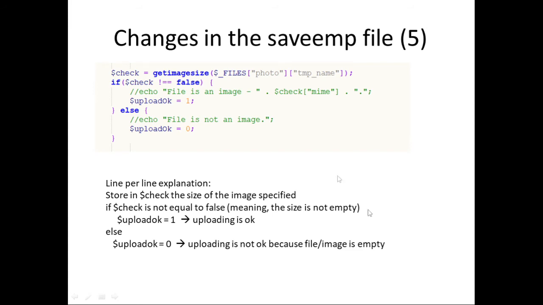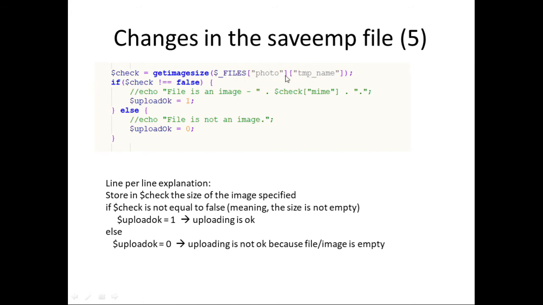So after that, we have the next lines here. So again, line per line explanation. The first line stores inside the check variable the size of the image. So get image size, using this temporary file name. So the temporary file name is the file name used when uploading the file.